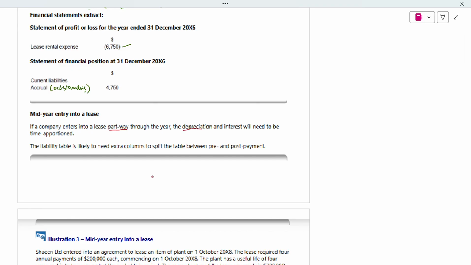We have to take depreciation and interest with respect to the time portion: 6 by 12, 9 by 12, 3 by 12, whatever the period is. The liability is likely to need an extra column to split between the pre and post payments. We have to make it very clear. Presentation is very important.